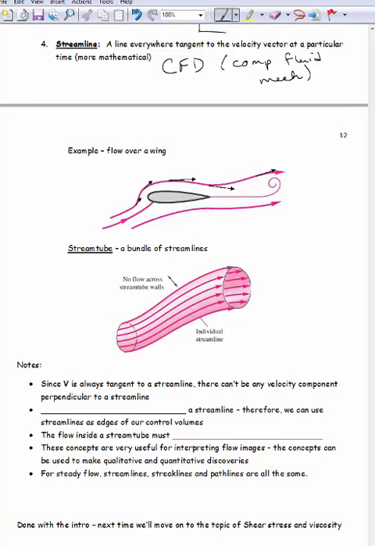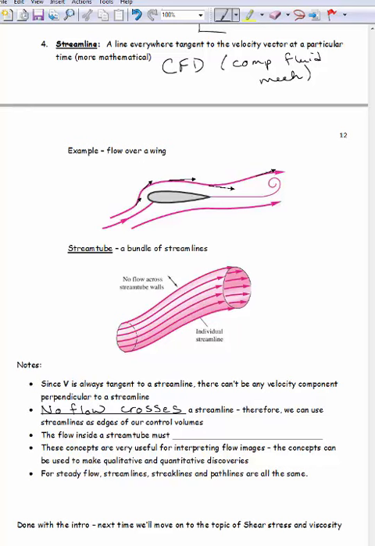Okay, and that's what I'm going to say down here. Since velocity is tangent, you can't have perpendicular, so flow, so mass can't cross a streamline. No flow crosses a streamline. And we can use it as edges of our control volume.